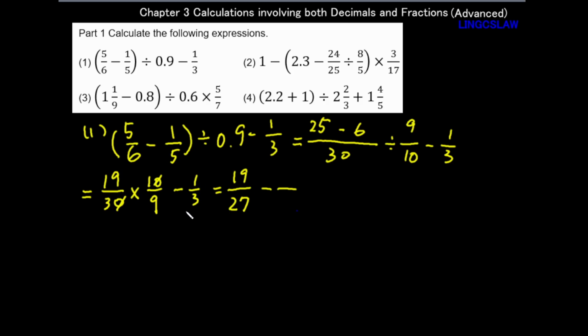Let's make the denominator common, so 3 times 9 equals 27, and 1 times 9 equals 9, equals numerator 10, denominator 27, and I can't simplify this anymore, so this is the answer.